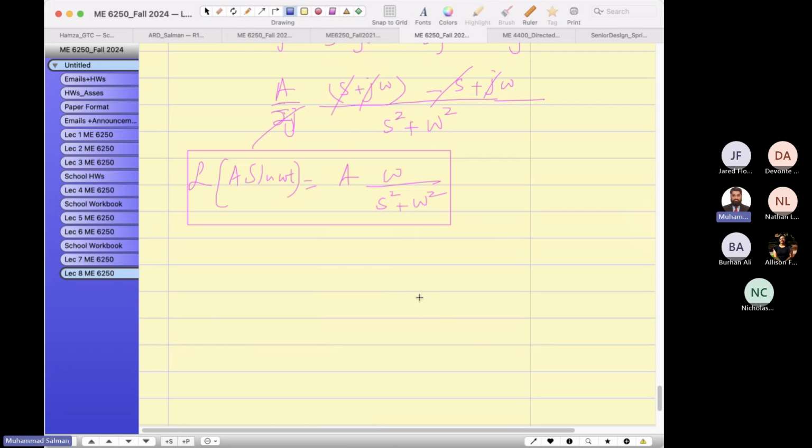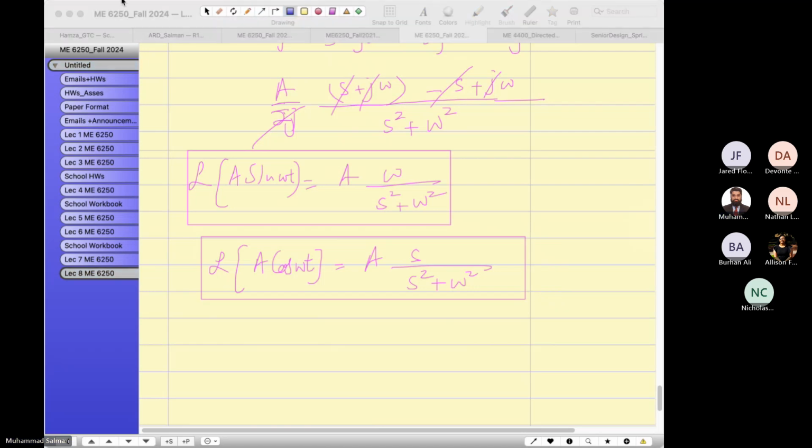And similarly, you can prove by yourself that the Laplace transform of a cosine, using the Euler theorem. When you go home, you can use this one. Let me copy and paste it from the book chapter which I gave you.